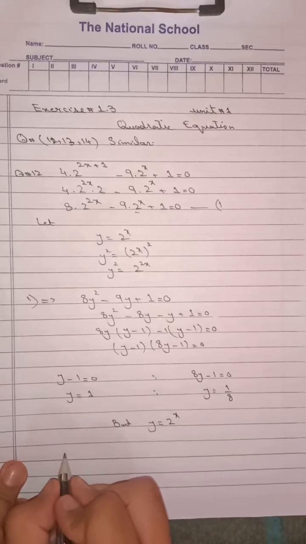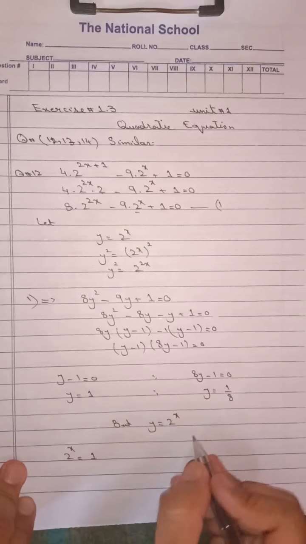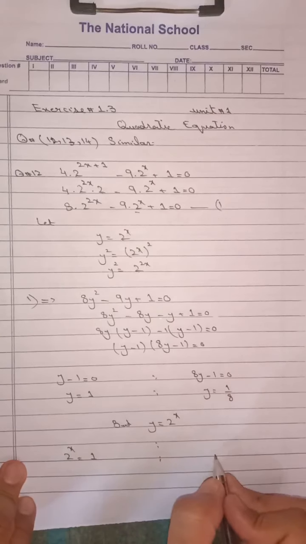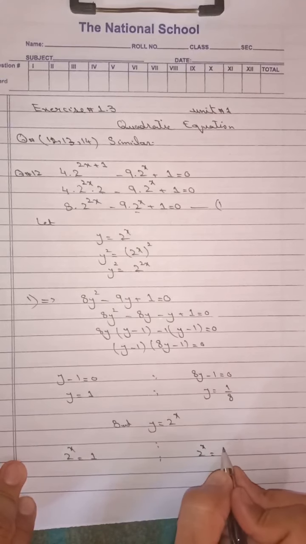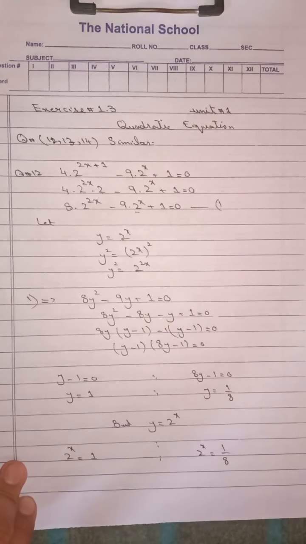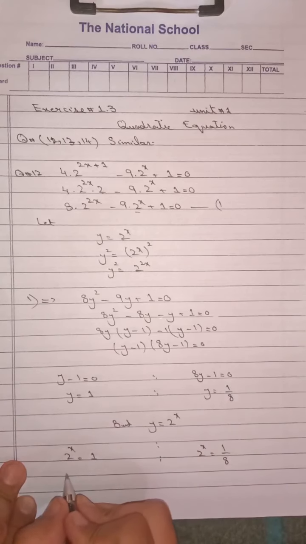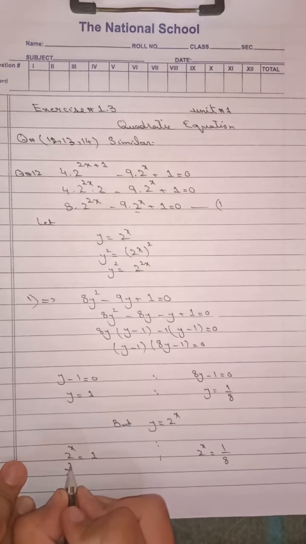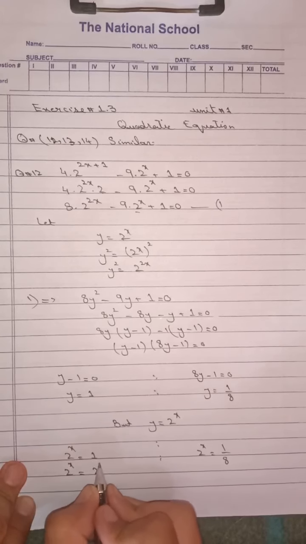It means 2 power x equal to 1. Also 2 power x equal to 1 by 8. As you know, the power of any number, if 0, is equal to 1. So if I write 2 power x, 1 can be written as 2 power 0.